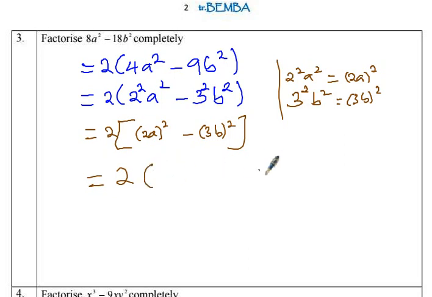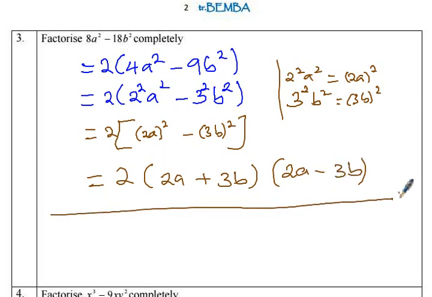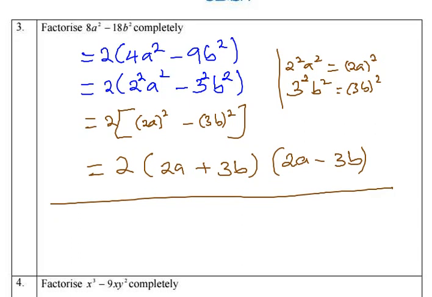Now I can write my 2 brackets, 2 different signs, feel free to start with any minus and a plus. My first term is 2a, my last term is 3b, and I have factorized that expression completely. So that is our final answer.